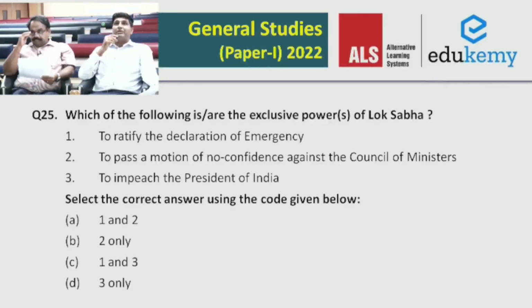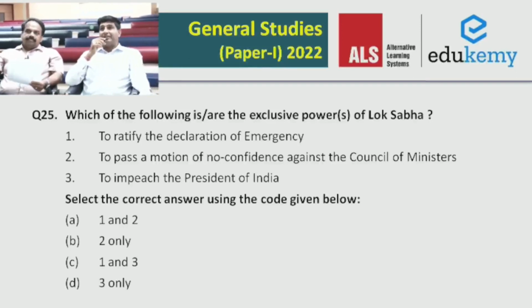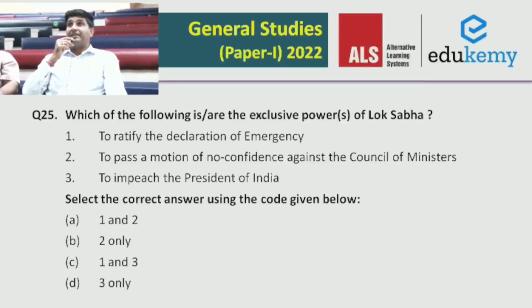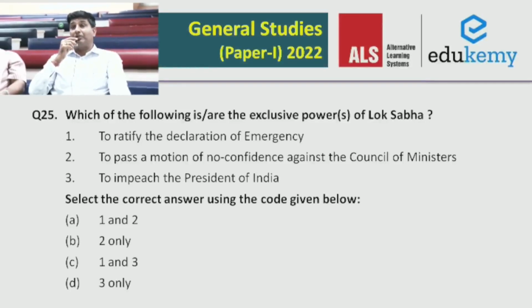Now, this is about the exclusive powers of Lok Sabha to ratify the declaration of emergency. No, Lok Sabha has exclusive power during withdrawal of emergency, not for ratification of emergency.